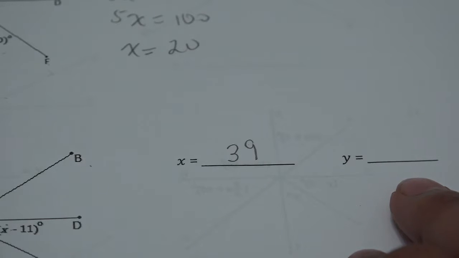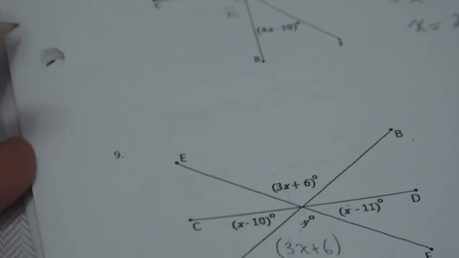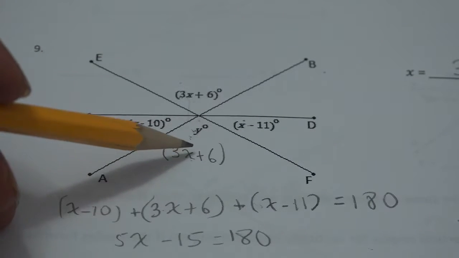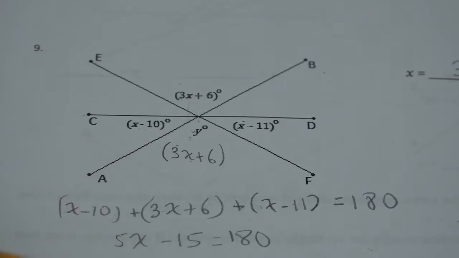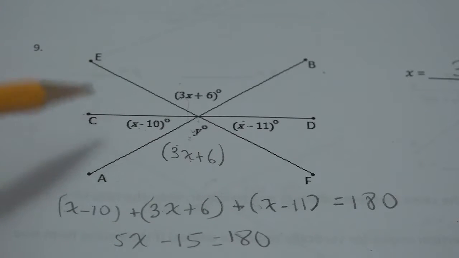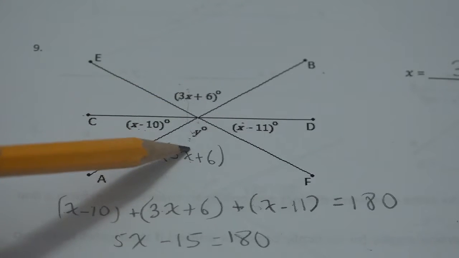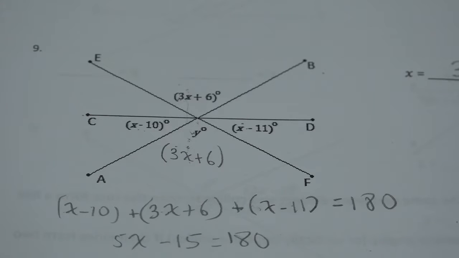Alright, so now, guess what? I'm gonna replace, this is y, correct? Sorry, this is y, 3x plus 6. So all I gotta do is substitute 39 into 3x plus 6, and I will find the value of this angle. And if I find the value of this angle, then it's the same as this one. Got it?